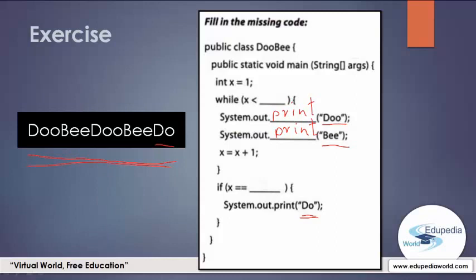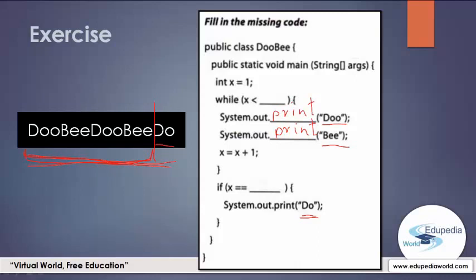Okay, now we have to find out how many times this while loop should be executed. As both of the print statements of do and be are included in the while loop, we can say this do part does not come from the while loop. Only this part comes from the while loop. And now let's go from the beginning.